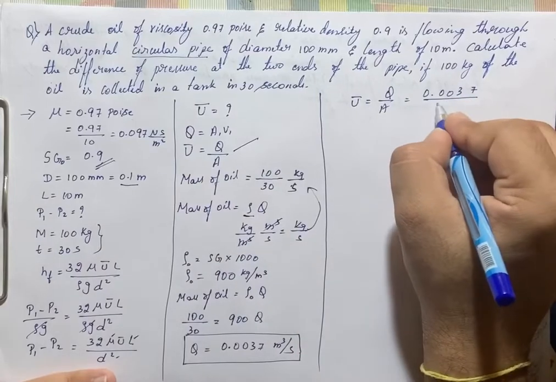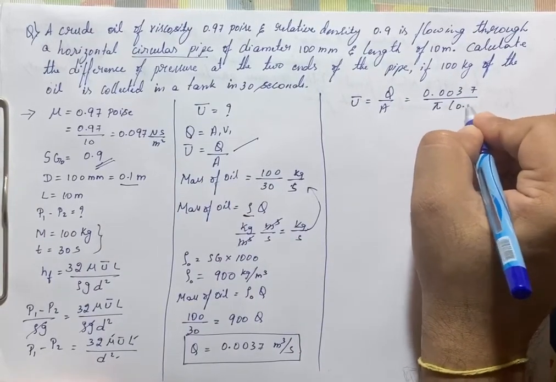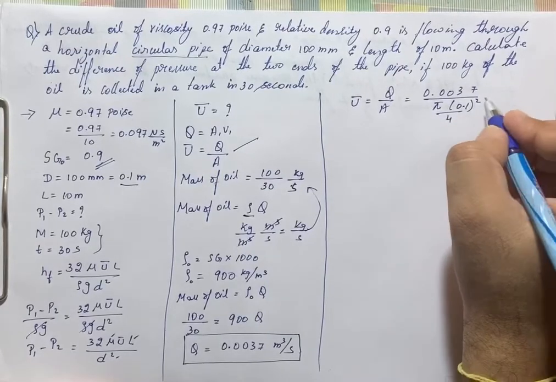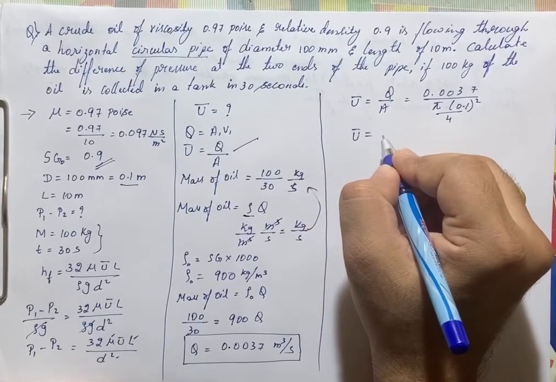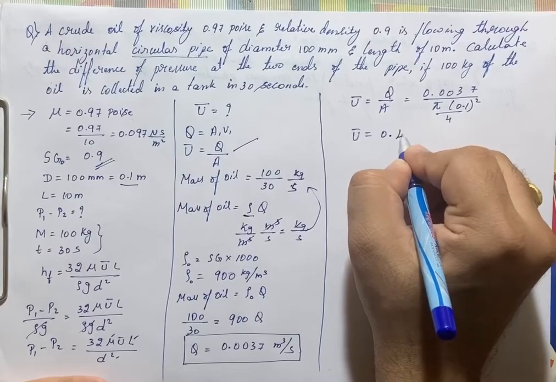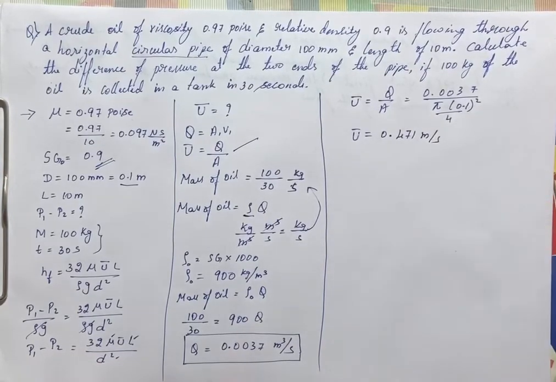I can write the area as pi d square by 4, that is pi into 0.1 square by 4, right? After solving this one, we will obtain U bar is equal to 0.471 meter per second, right?